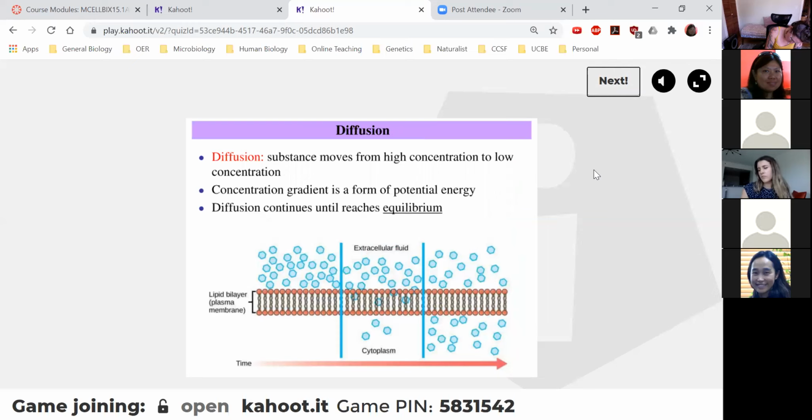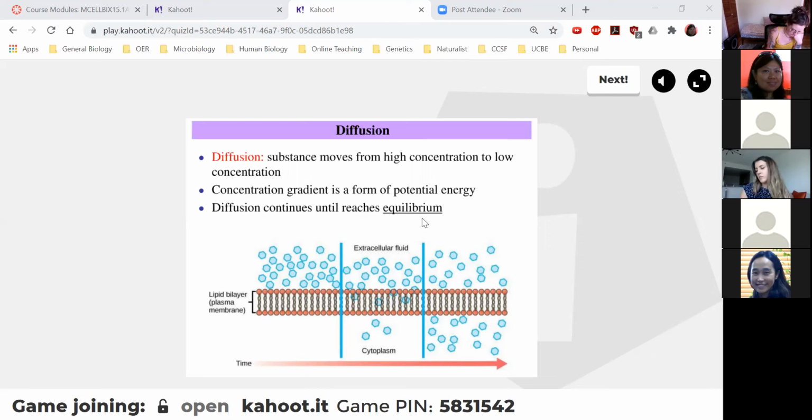So let's talk about the transport process. The simplest transport, of course, is diffusion. Diffusion is basically molecules moving around all the time, colliding with each other, and they have a tendency to go from a high concentration to a low concentration. If across the membrane you have a concentration gradient, the molecule will always move from high concentration to low concentration until they reach a point called equilibrium.